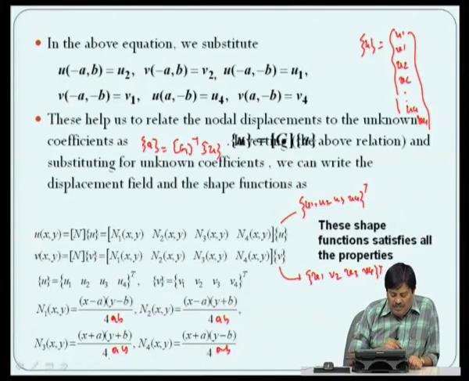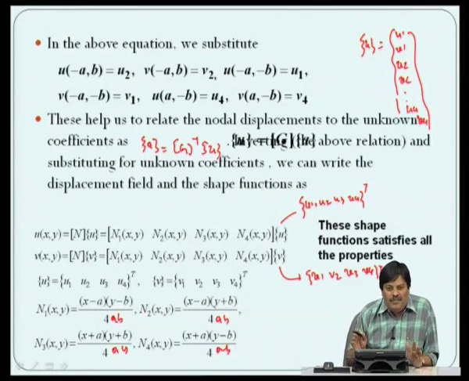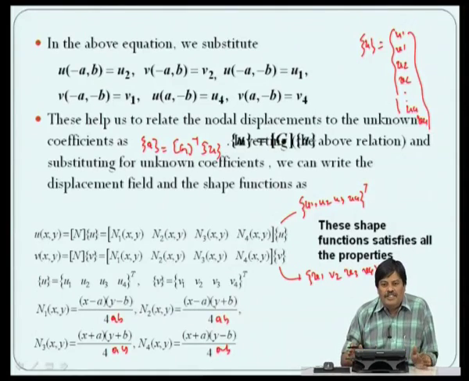Similarly, when we take the value of u2 at minus a, b, N2 takes a value of unity. And if you take the sum of N1 plus N2 plus N3 plus N4, it will always be equal to 1. So, all these properties are followed, and if this is not followed, then they are not called shape functions.